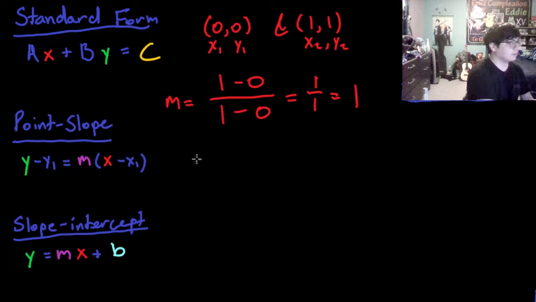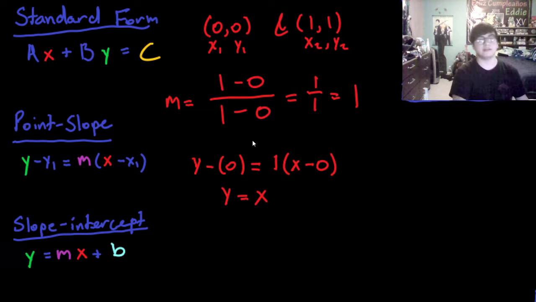So we just do y minus, let's do the first point first, 0 is equal to 1 times x minus 0. And then later, which will give us y is equal to x. We do not rewrite the 1. It's going to be a little hidden number.